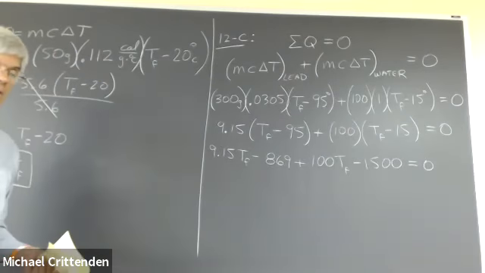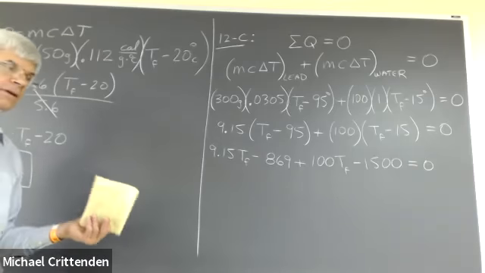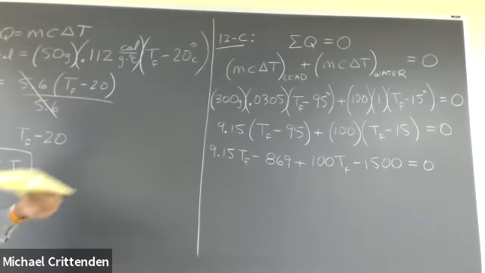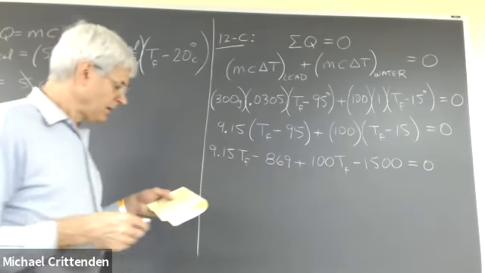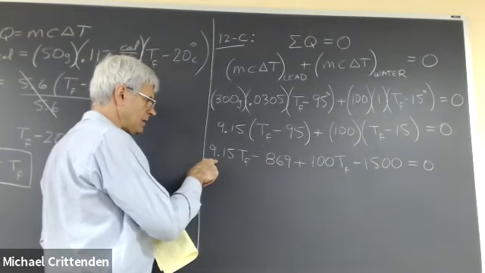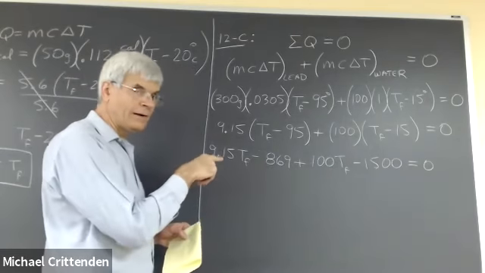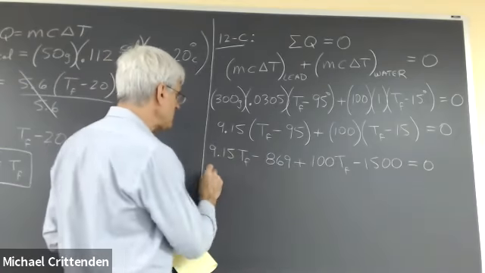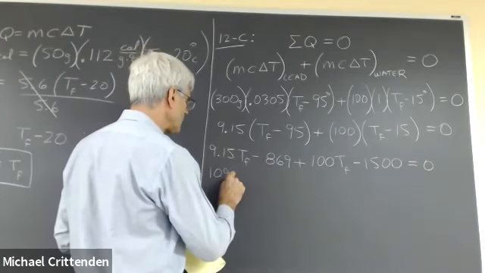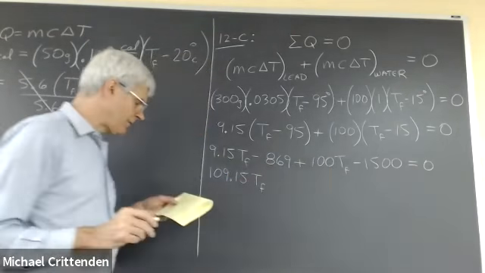And then this probably sounds kind of familiar from some math class. What you want to do next is combine the like terms. Put the T terms together with the other T terms, put the constants together with the other constants. So 100T plus 9.15 T would be 109.15 T. Like that.